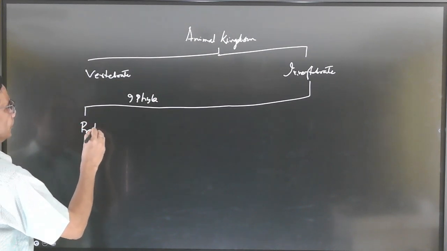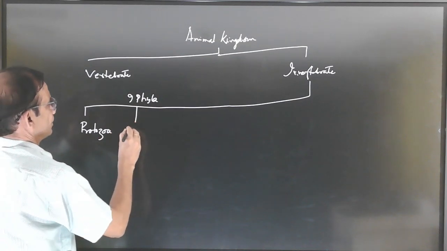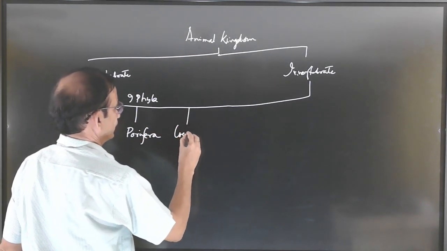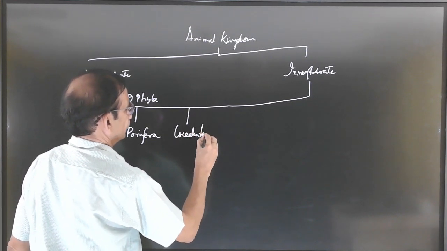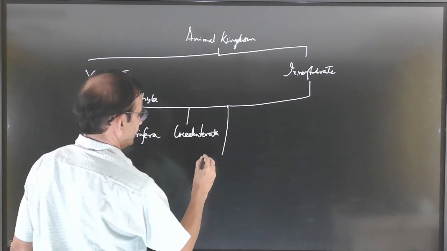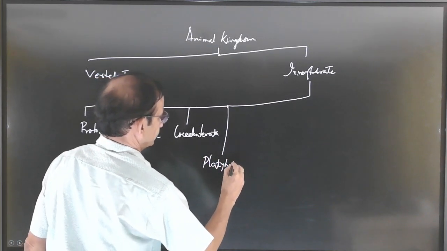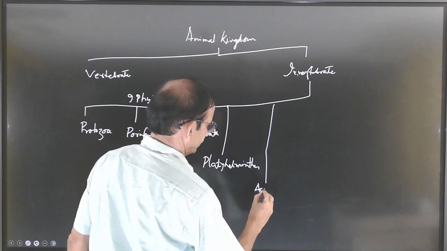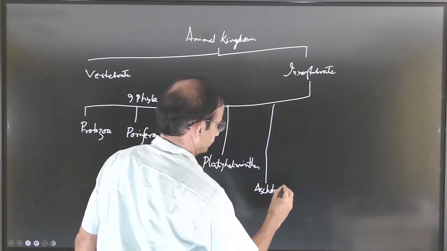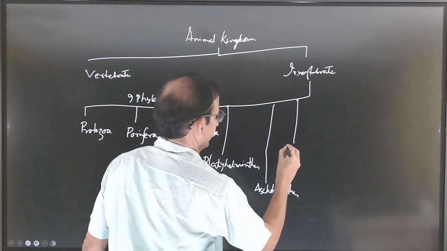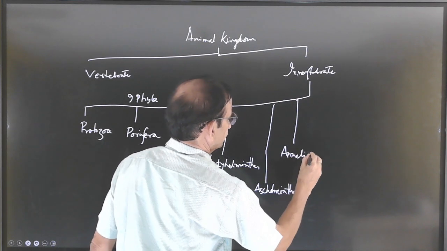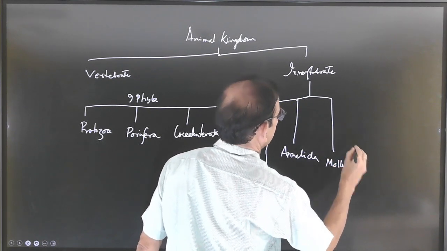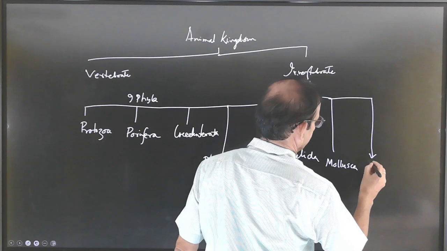First one is Protozoa, then Porifera, then Coelenterata, then Platyhelminthes, then Aschelminthes, then Annelida, then Mollusca, then Echinodermata.